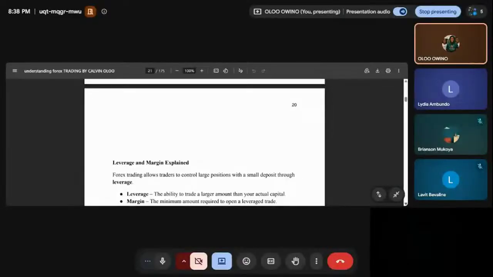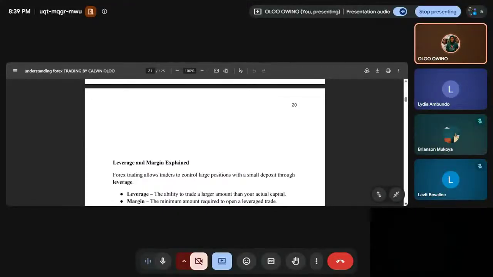It is additional capital given to you by the broker to open multiple positions with a small deposit. You deposit $10, but you're allowed to open more than 3 positions on gold, which is impossible when you're using a smaller leverage.